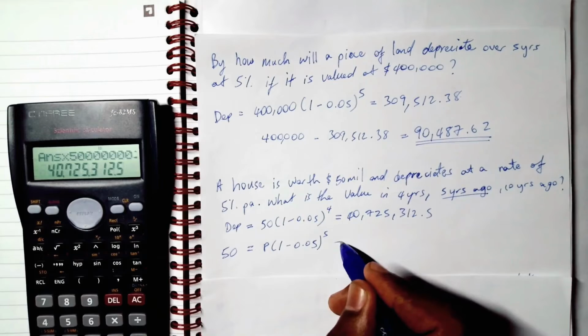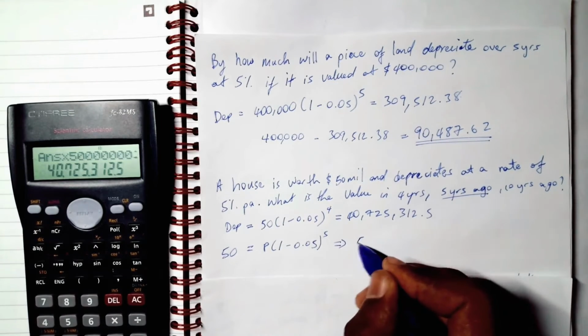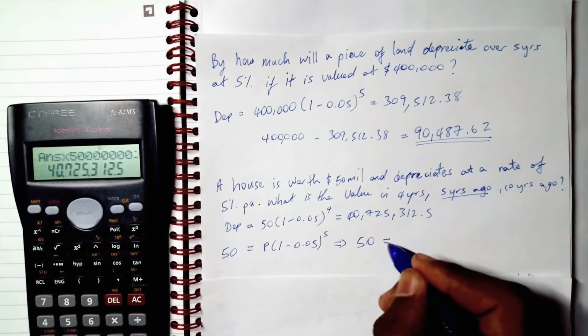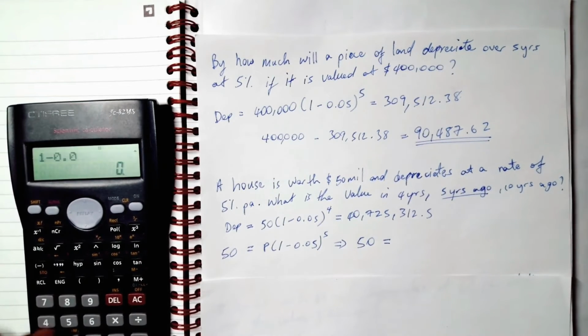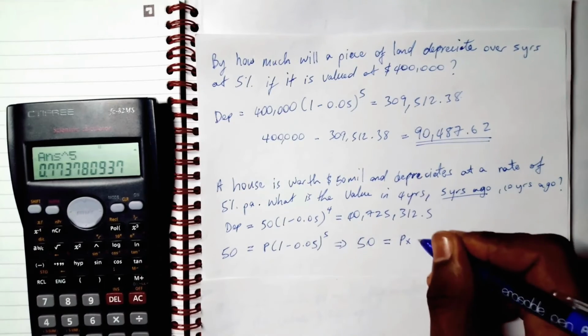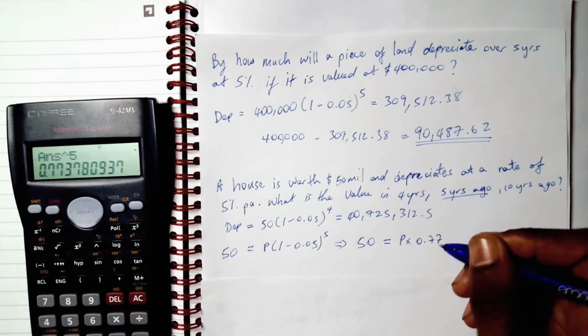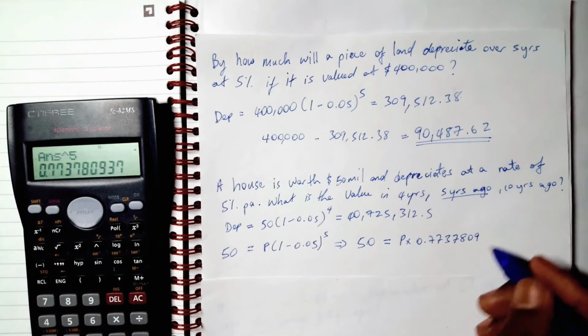Now we will proceed with finding this portion and let P be the subject. So we're going to say 50 million equals P multiplied by 1 minus 0.05 raised to the power of 5, which is 0.773789.